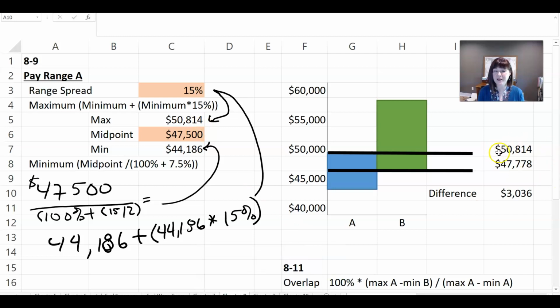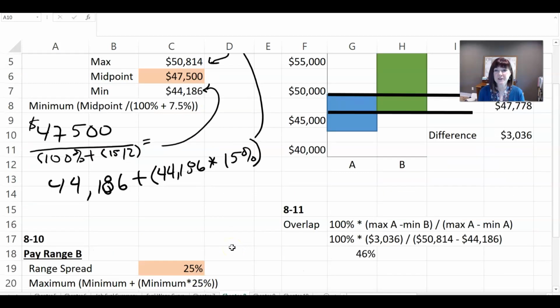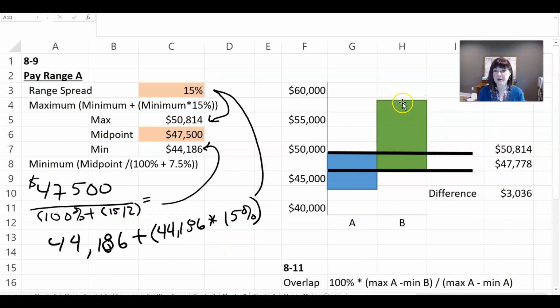The second pay grade goes from 47,778 to 59,722 up here. We have these two pay grades, and we want to know how much they are overlapping.